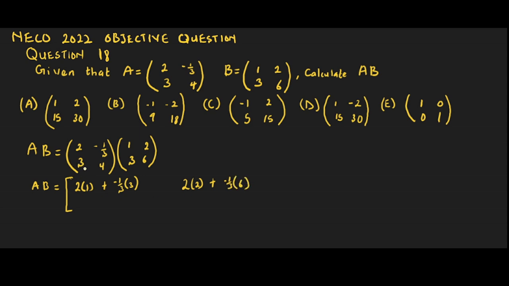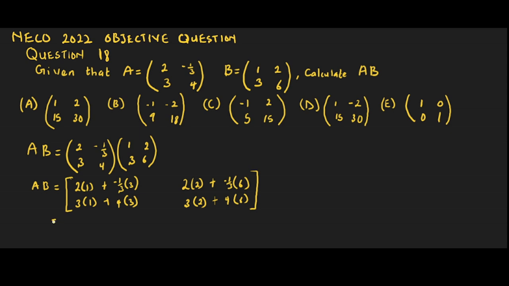Then we take 3 multiplied by 1 plus 4 multiplied by 3, then we take 3 multiplied by 2 plus 4 multiplied by 6.